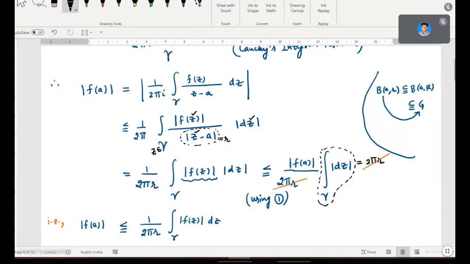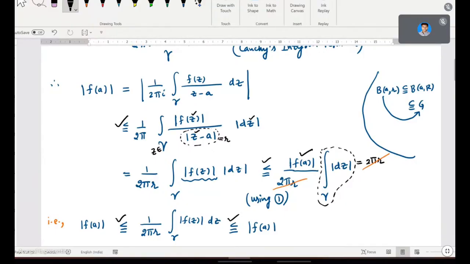So class, take a note. This inequality I have marked here, and this is further less than or equal to, if you notice, we are having only mod of f(a) here. Now here I have used this inequality. Is this okay, class? Yes, sir.